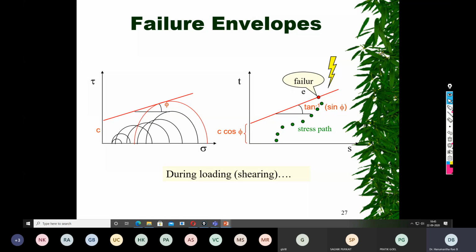See, how many samples are there in this diagram? So 9. This diagram was developed based on 9 confining pressures and 9 different samples. Is it true?